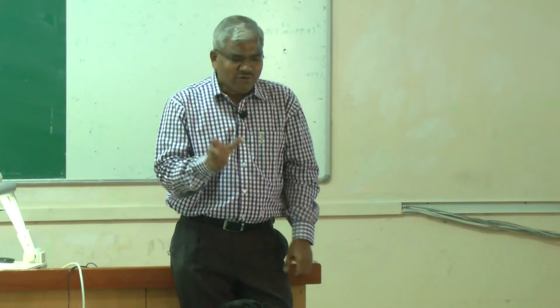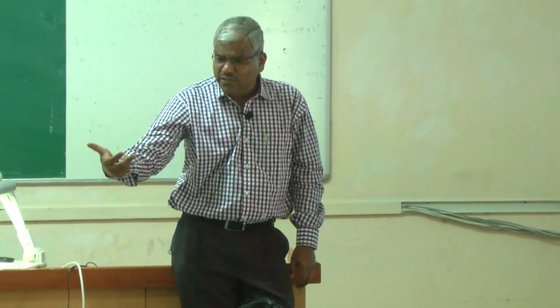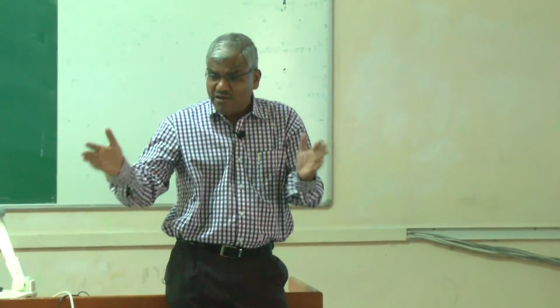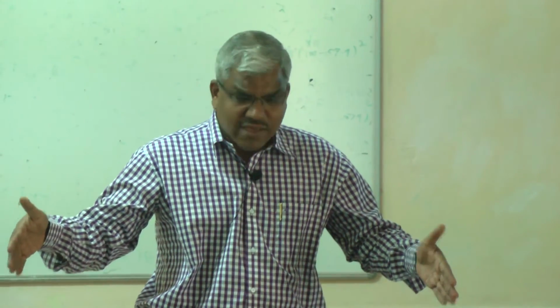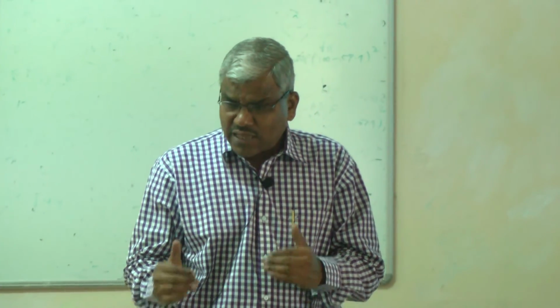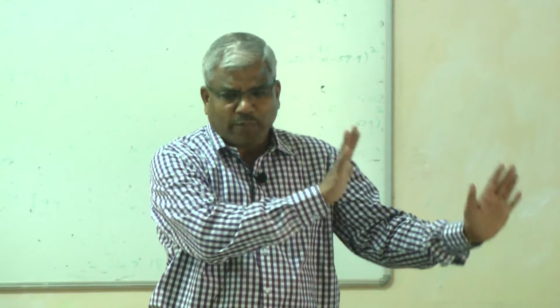So what do we do? Just as we have sampled in the time domain, let's see the impact of sampling in the frequency domain. X of e to the power j omega, which is a continuous function from 0 to 2 pi, or minus pi to plus pi, is divided into N equal intervals in the frequency domain. The impact of sampling in the frequency domain is periodicity in the time domain.